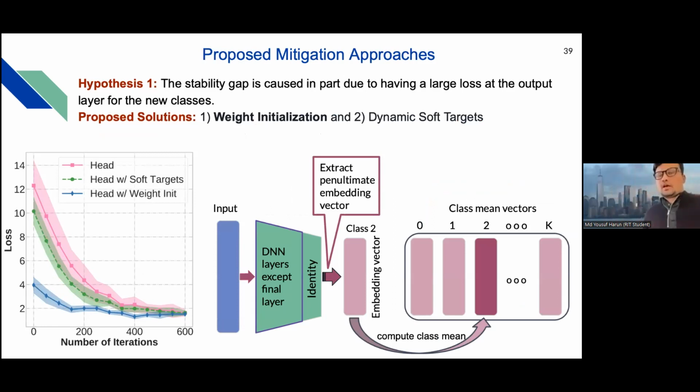So if we instead apply a data-driven approach, where we update the output layer class weights based on the class mean vector, that is, taking all the embeddings from the penultimate layer and computing the class mean, and then using that class mean to initialize the output layer weights, that corresponds to minimizing this loss at the output layer initially, and that corresponds to higher accuracy.